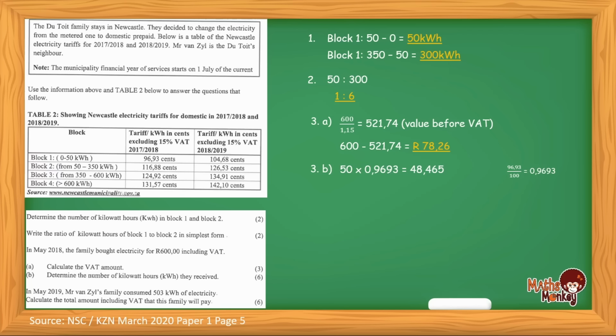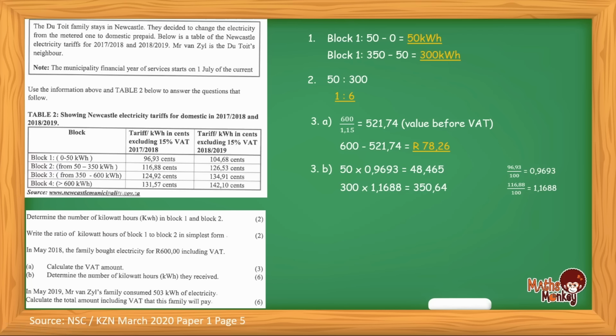Now, in the second block, we calculate again the cost per unit, and we divide by 100 because it's in cents, and we end up with 1.1688. Now we say 300 multiplied by 1.1688. These two values tell us how much the first 350 units actually cost.